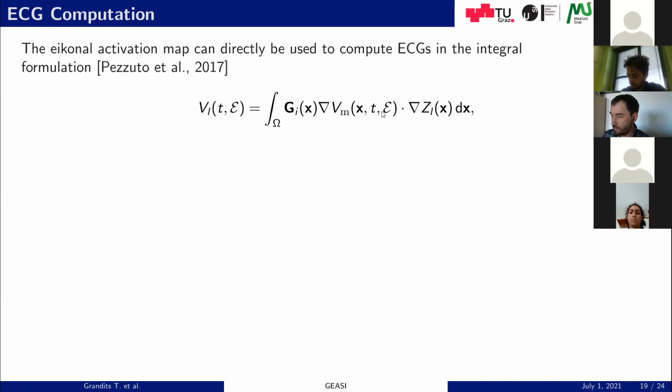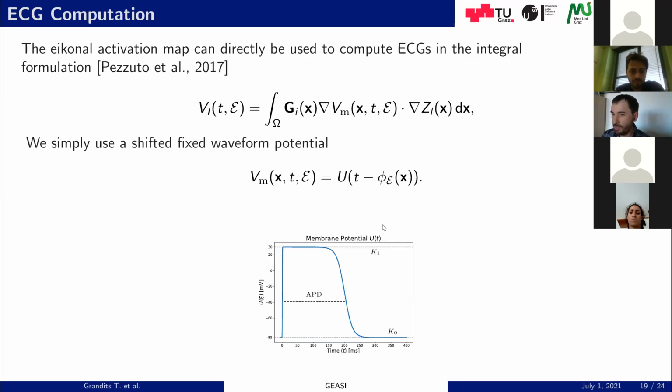The interesting thing is we now already incorporated our parameter set E in this equation. How we do this is we just take a fixed waveform and shift it by the eikonal activation time. Of course, you can think of much more complicated or sophisticated models, but for a first test, this sufficed in our view.